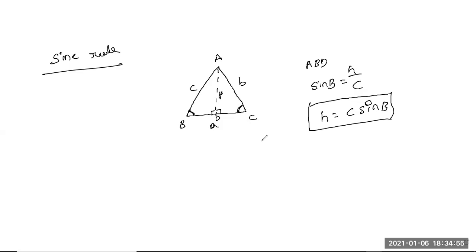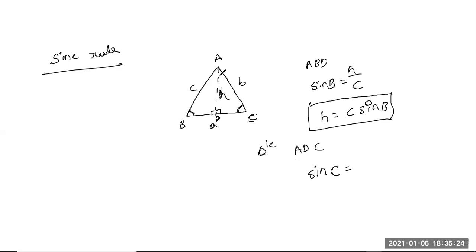So in triangle ADC, what is sine c? Sine of angle C is h by b.